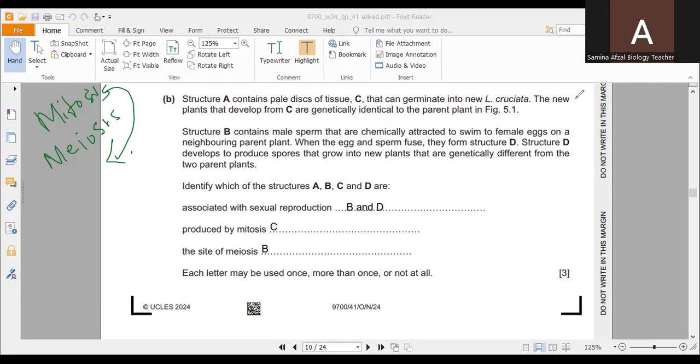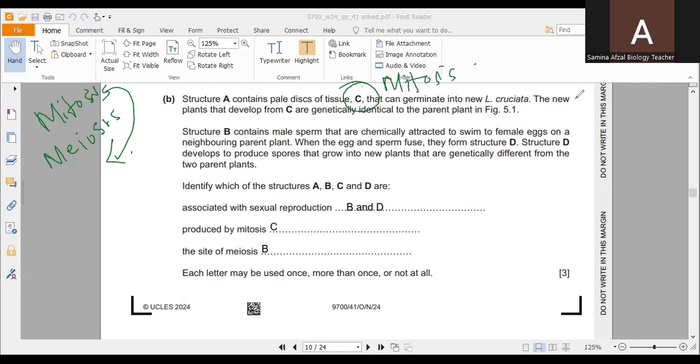Because mitosis takes place in the somatic cells, the chromosome number should be maintained. So during mitosis, the daughter cells produced are exact copies of their parent cells. In this way, we can say they are genetically identical. So it means C is produced by mitosis. Here mitosis will take place.